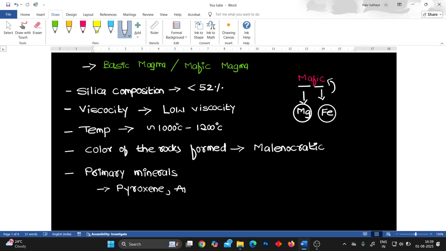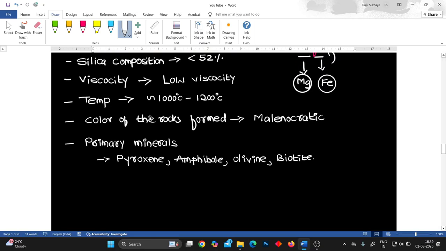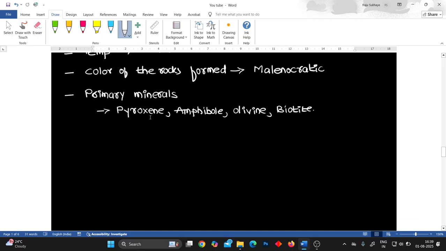Then amphibole group of minerals will be there. Then you might have olivine in small quantity as well, and also you'll be having biotite. So these will be the primary minerals present in the rocks which are formed by the cooling of basic magma or basic lava.